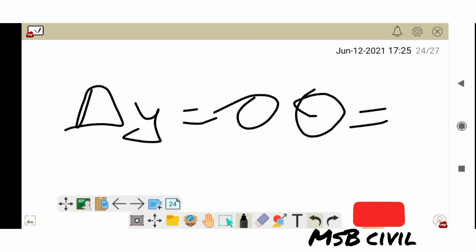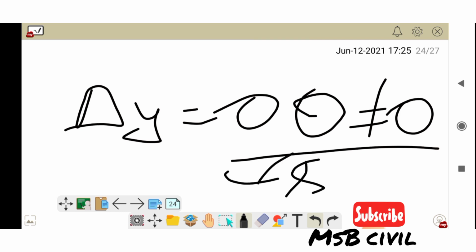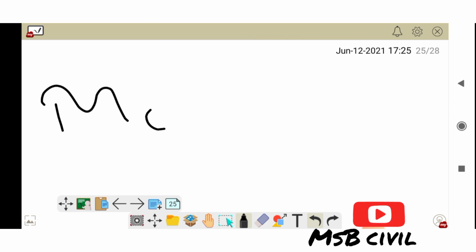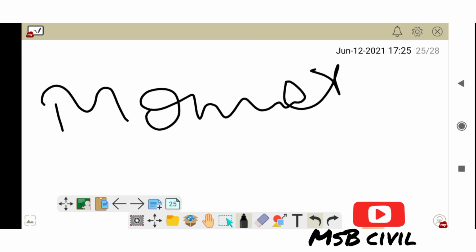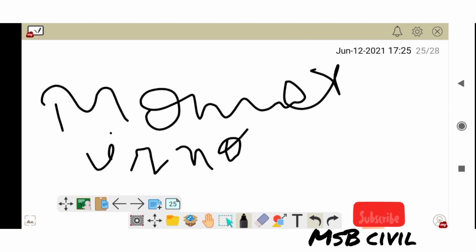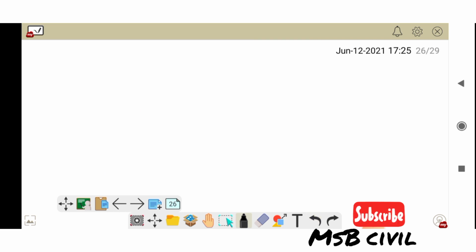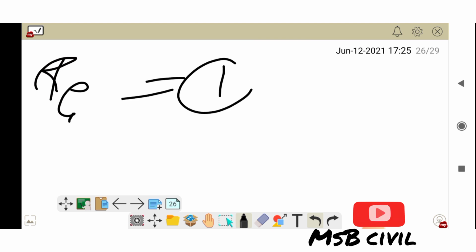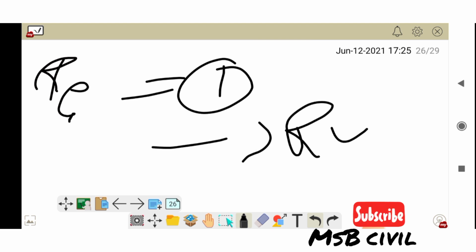Then theta is not equal to 0, because the slope is occurring, so movement is not occurring. Therefore there is only one reaction, that is Ry.